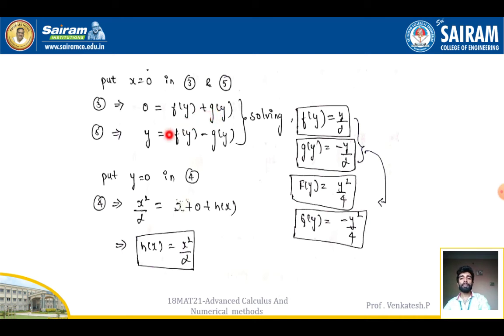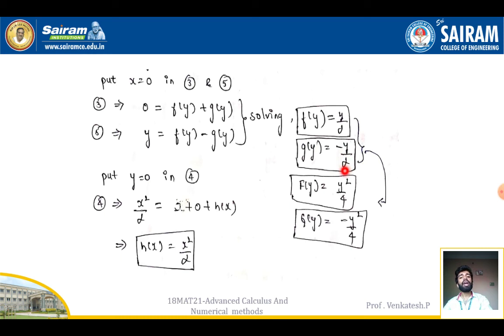Similarly, from equation number 5, I am replacing ∂²u/∂x∂y = y when x = 0. So y = f(y) − g(y). On simplifying these equations, we get f(y) = y/2 and g(y) = −y/2.